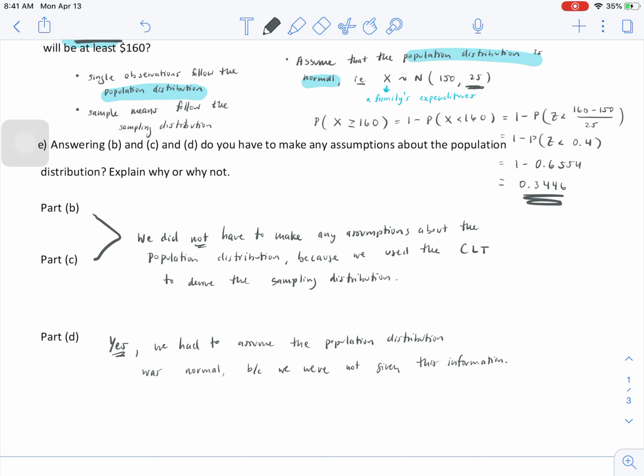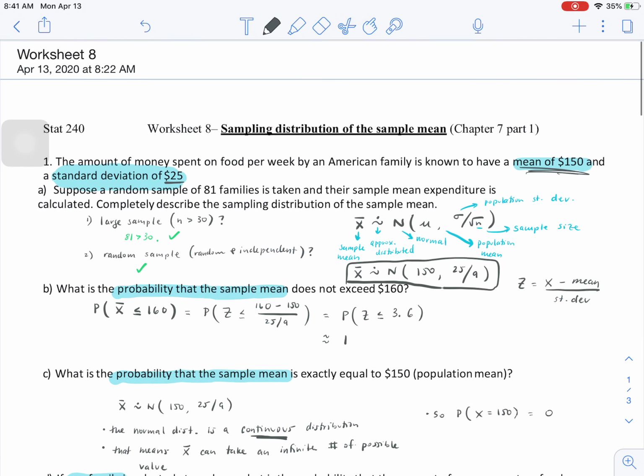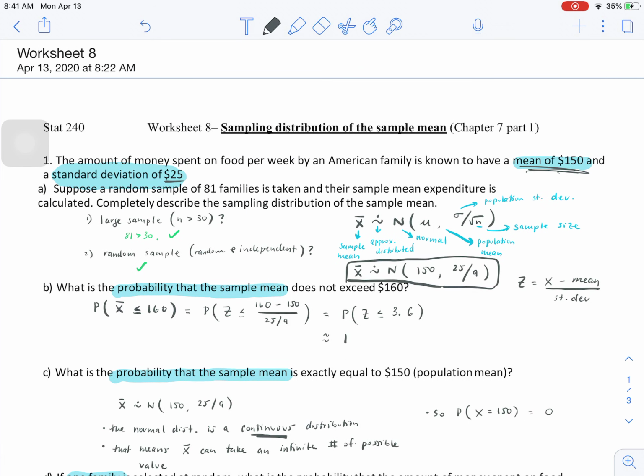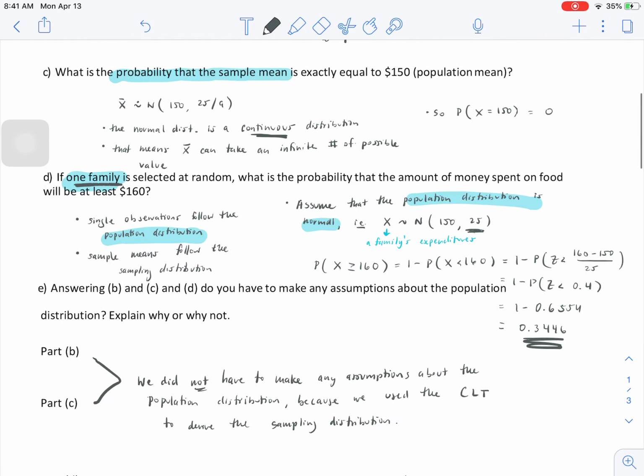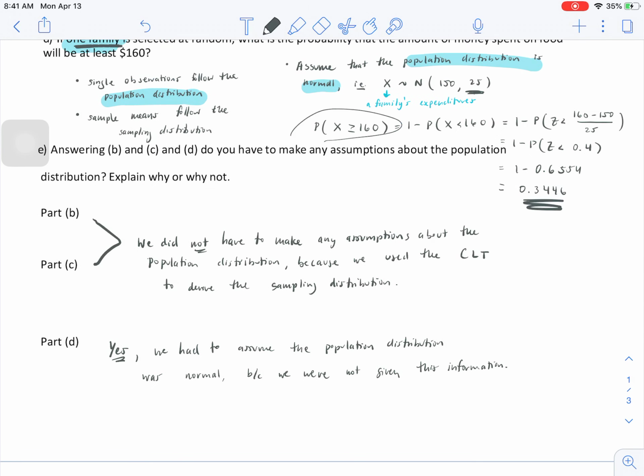Because remember, originally in the problem, it didn't tell us that the population distribution was normal. It just gave us the mean and standard deviation. So to calculate this probability, we had to make an assumption that it was normal.